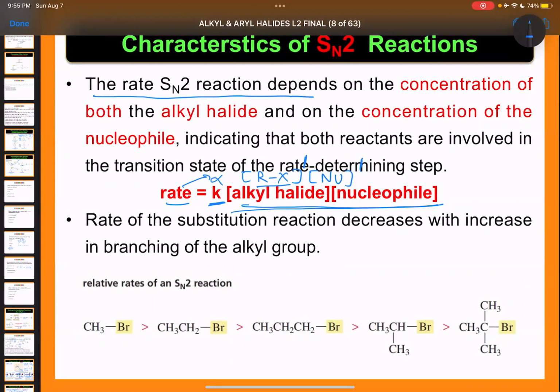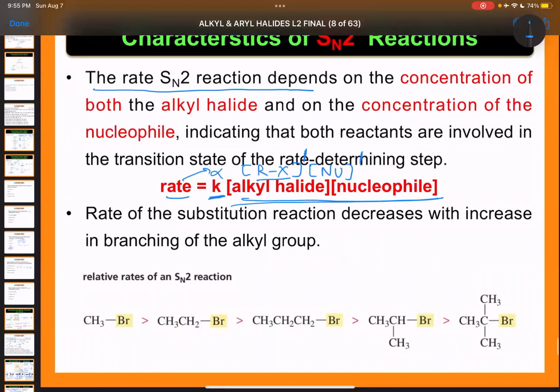And unless the collision happens between the substrate RX molecule, the alkyl halide molecule, and the nucleophile molecule, the reaction is not going to happen. The substitution is not going to happen. So if you are increasing the concentration, you are increasing the rate. You are making the reaction faster if you are increasing the concentration of any one of them or both of them.